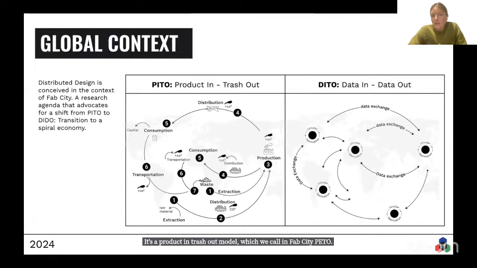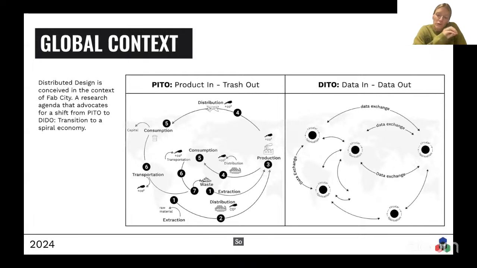What we're looking at in the ability to change this is actually shifting this to an economy that looks more like the one on the right, which is data in, data out. So what if we rethought about how these impacts are currently being generated and created different systems for them?